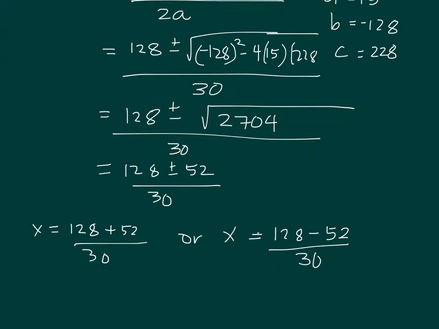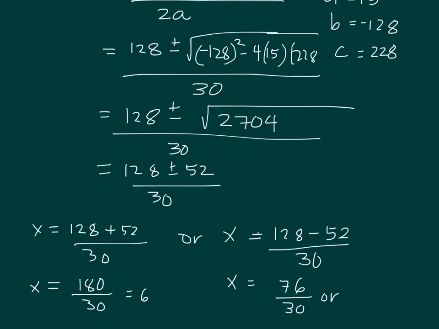So simplifying each, we have 180 over 30, which is basically 6. And the other one, x is equal to 128 minus 52, that's about 76 over 30.